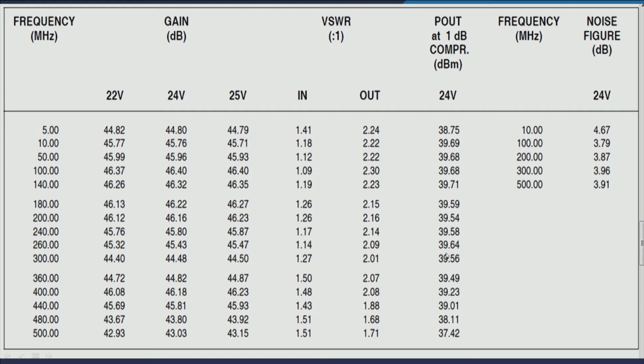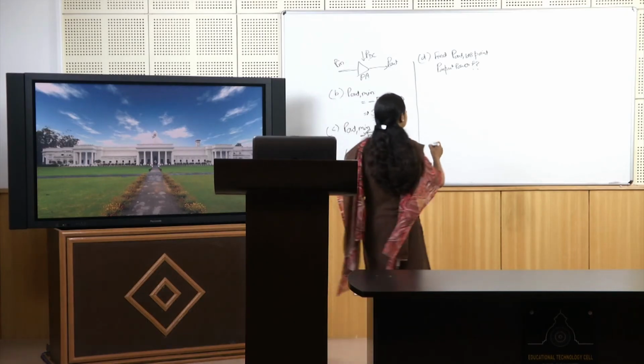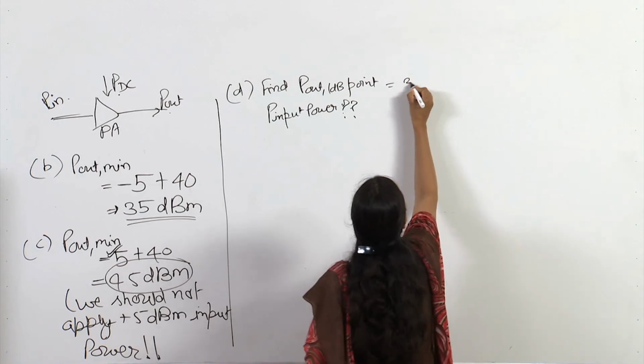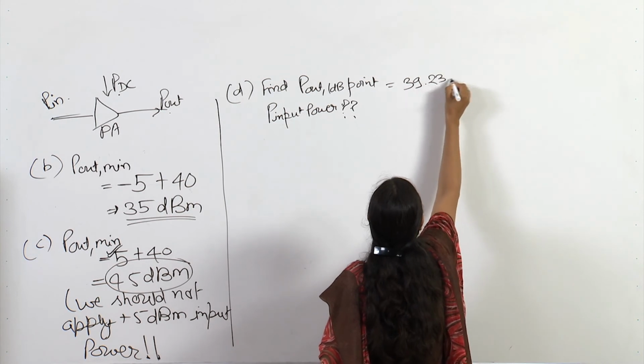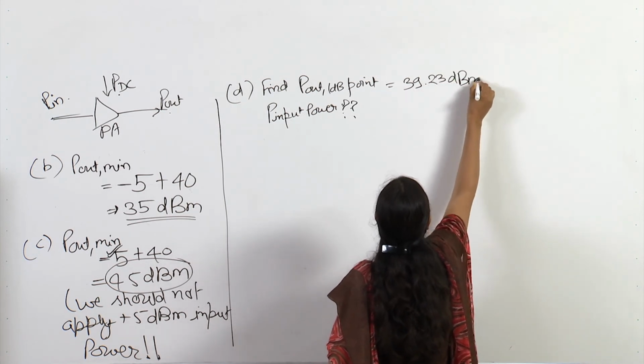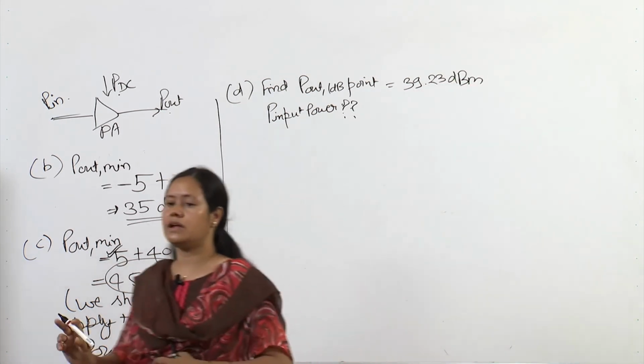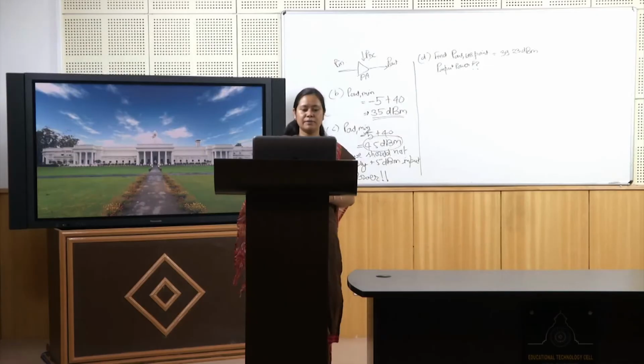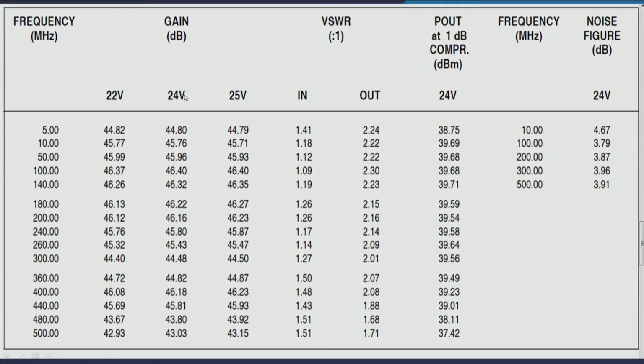So if we read this value at 400 megahertz, we get 39.23 dBm. Now at 400 megahertz at 24 volt, what was the gain? Let's have a look at the gain, and it is given as 46.18.